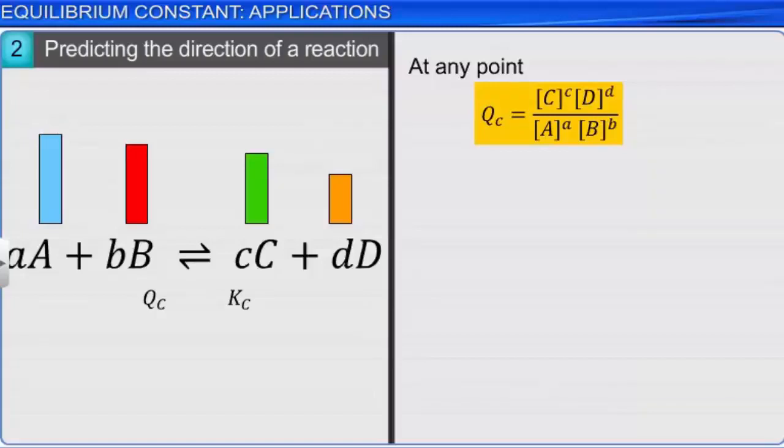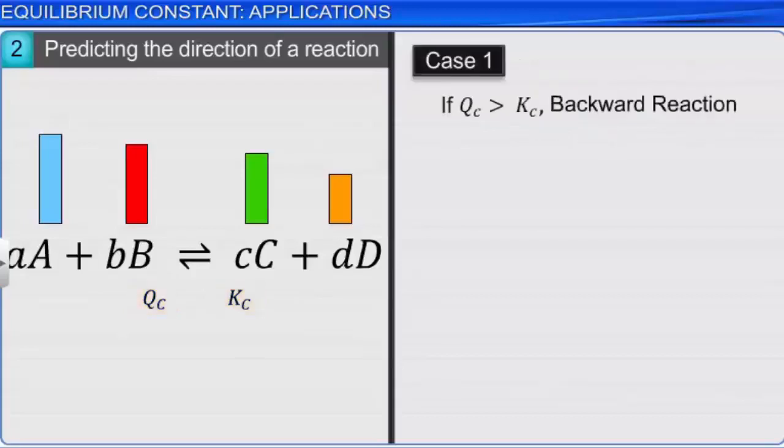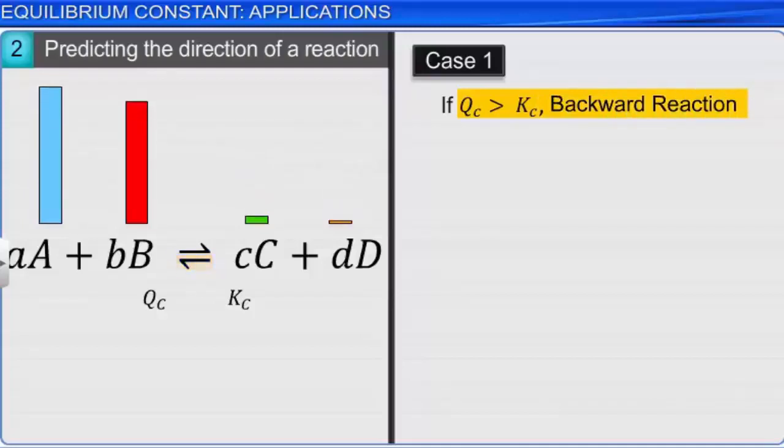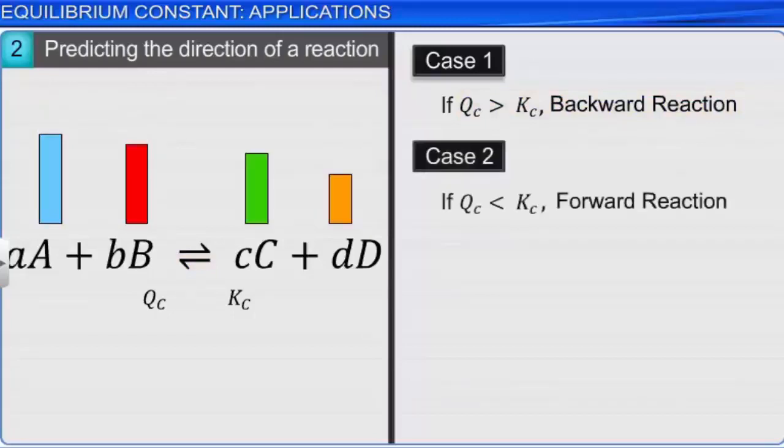Let us now examine how reaction quotient and equilibrium constant help us in predicting the direction of a reaction. If the value of reaction quotient QC is greater than equilibrium constant Kc, it means that backward reaction takes place. In other words, the reaction proceeds in the direction of the reactants. If QC is less than Kc, it means that forward reaction takes place.